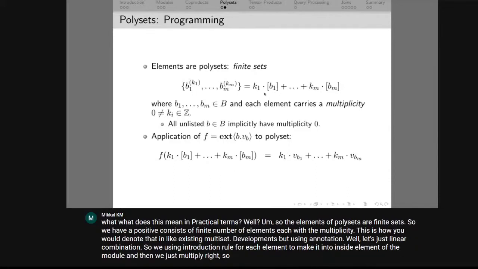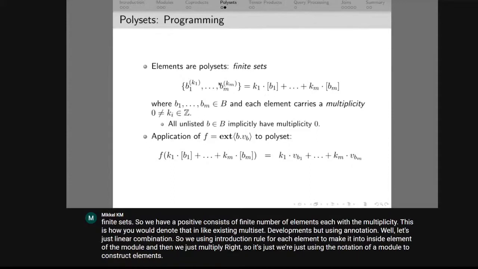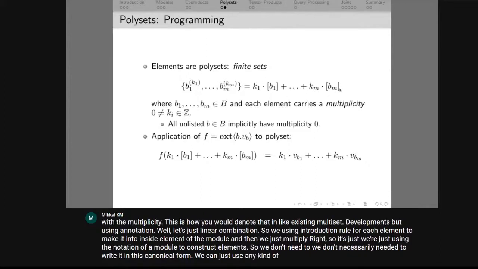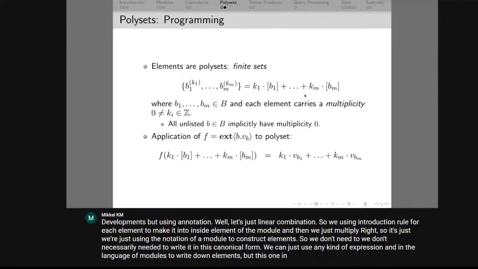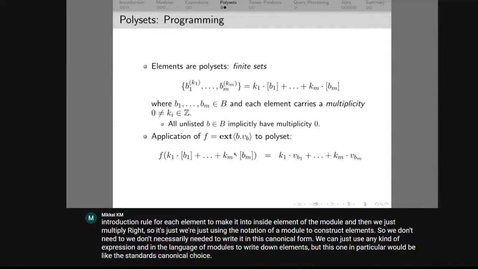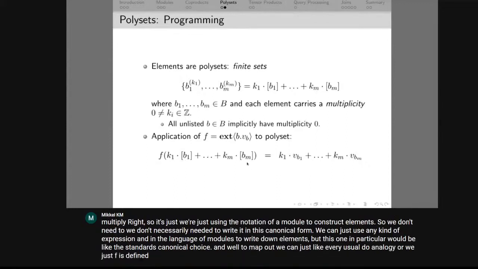We're just using the notation of a module to construct elements. So we don't necessarily need to write it in this canonical form. We can just use any kind of expression in the language of modules to write down elements, but this one in particular would be the standard canonical choice. And to map out, as we usually do in algebra, f is defined by its action on each of the basis elements.